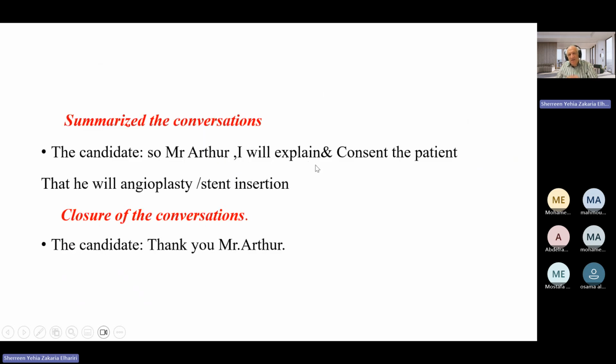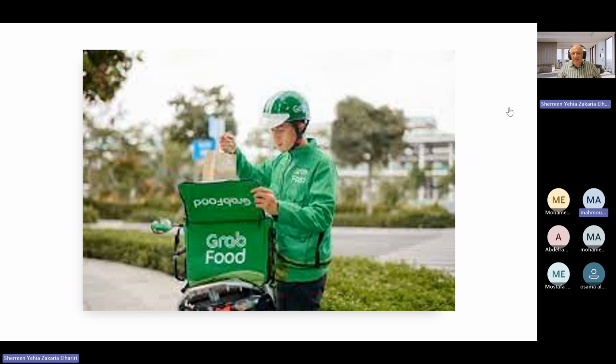Okay. So at the end, can you summarize? It is important, by the way, usually the examiner doesn't ask you to summarize, but you need to summarize. Yes, go on. I have a patient who is diagnosed with diverticulitis. Now he has absent pulse and pallor in the left leg.